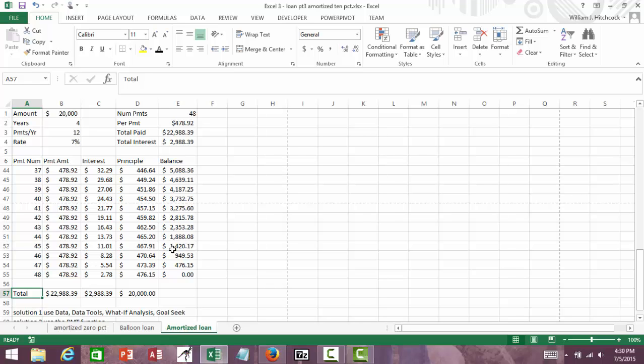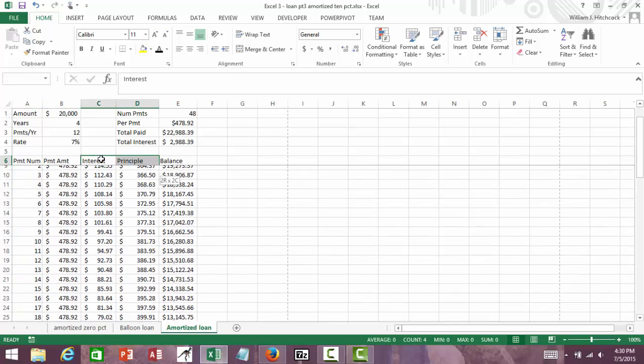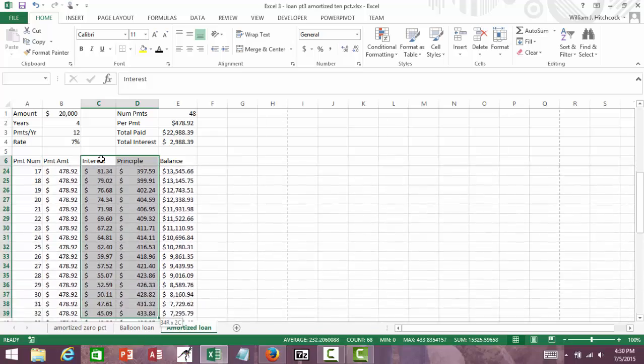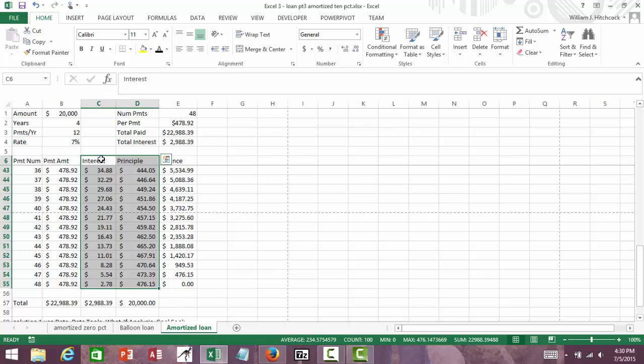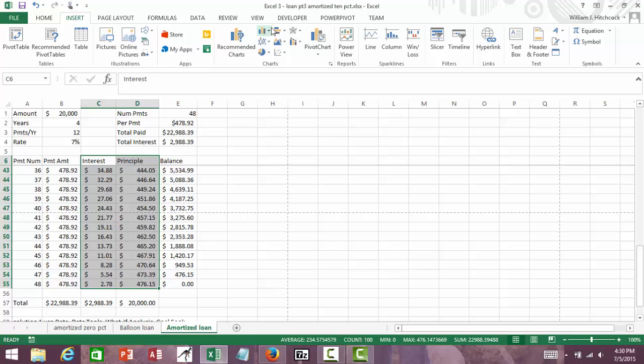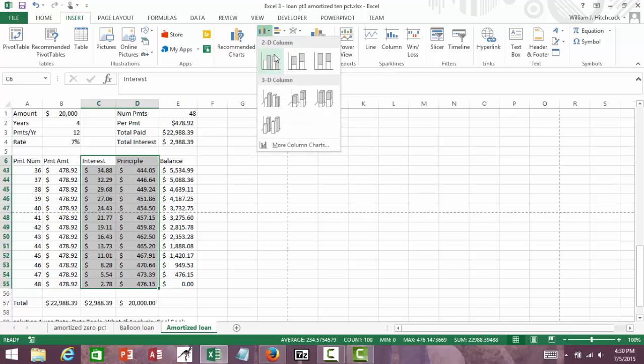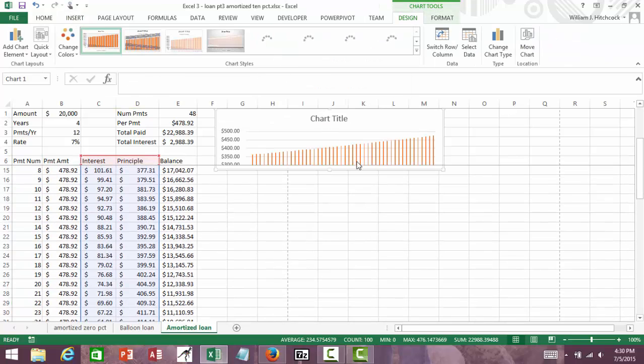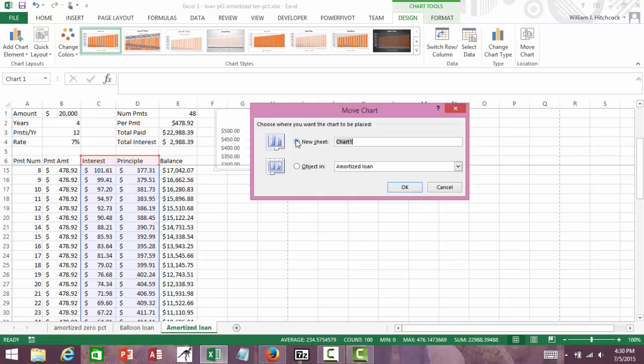That looks pretty good. One other thing that you might consider doing is you might want to throw a graph on here. So if I highlight the interest and principal, let's move this chart and we'll call it the amortized chart.